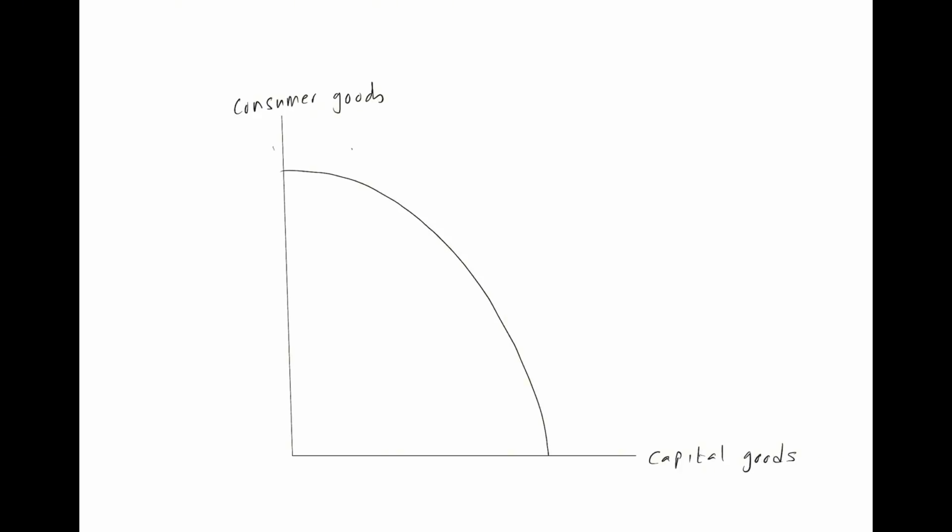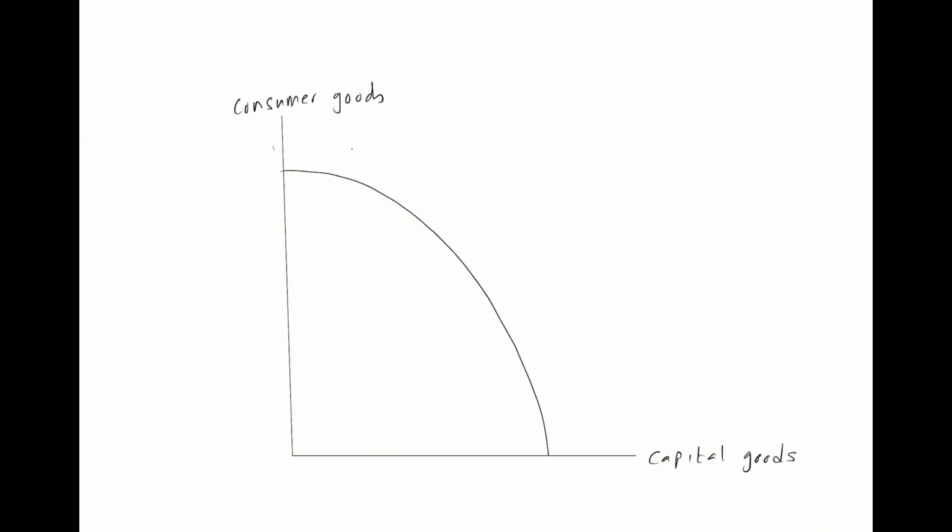If the economy produces at any point on the PPC, it means they are fully utilizing all of the resources, the factors of production available. In the short run, it is not possible for the economy to produce to the right-hand side of the production possibility curve because they simply do not have enough resources available to do so.